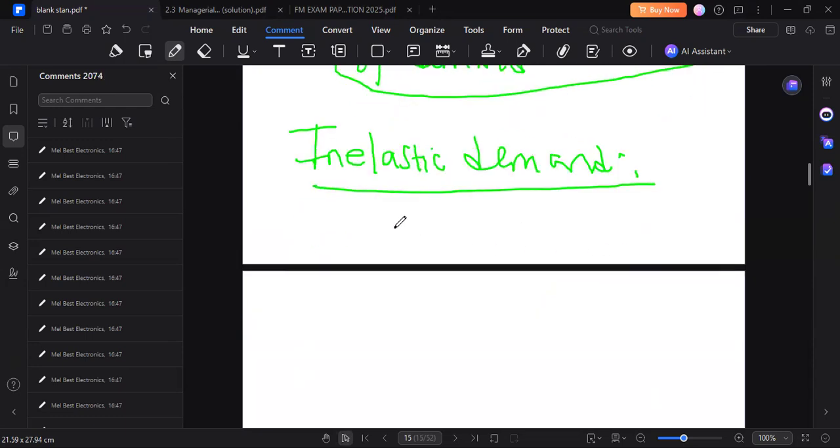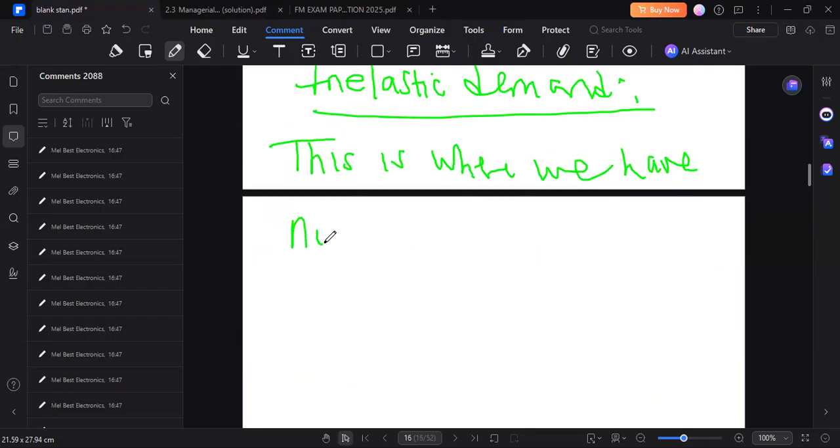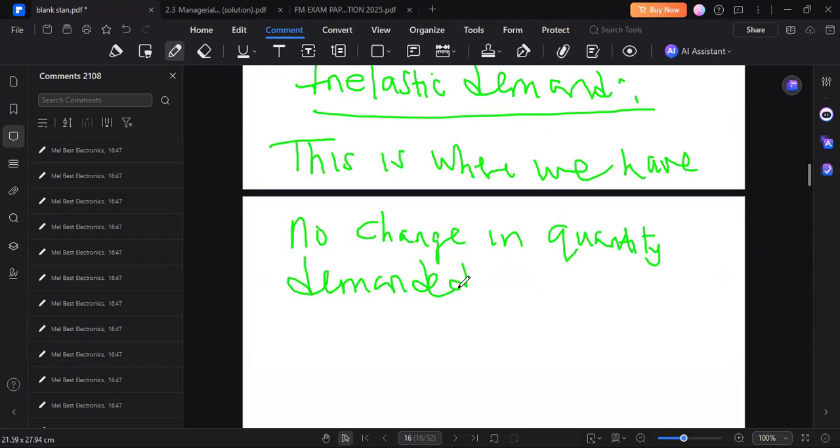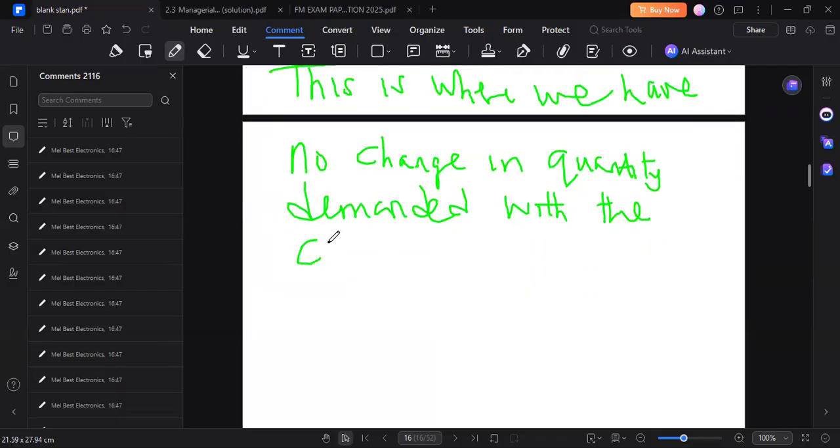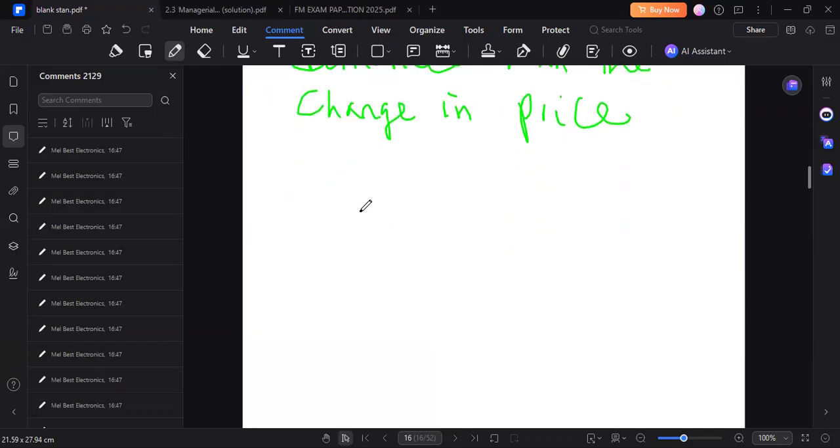This is where there is no change in quantity demanded with a change in price.